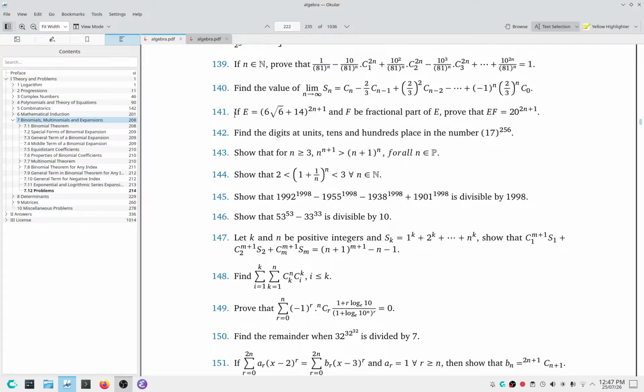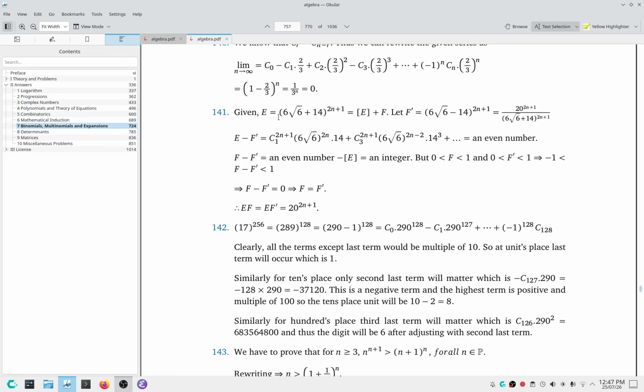Question 141 says that if E is equal to (6 square root of 6 plus 14) to the power 2n plus 1 and f be the fractional part of E, then prove that EF is equal to 20 to the power 2n plus 1. So we are given this expression.